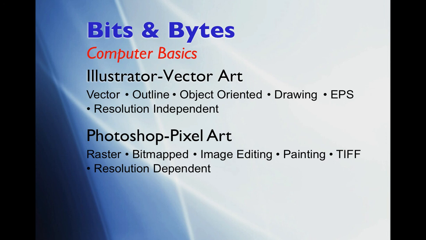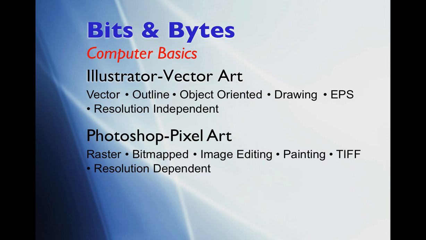So, Illustrator, vector art. Obviously, I've been talking about it being a vector software program, and so that's why that term applies. As some of you know, and you certainly will learn if you work with Illustrator, every little piece of an Illustrator file is an outlined little object, no matter how large or small. And so, therefore, we say it's an outline software program.